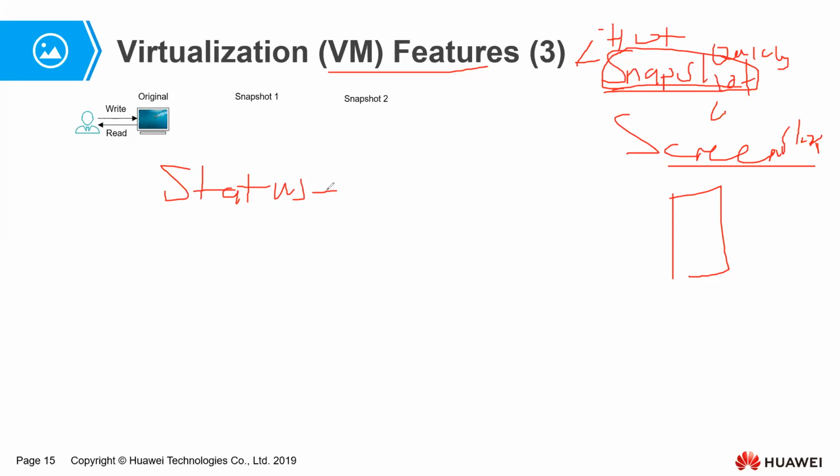So it takes a record of the VM status at that particular time, and it also contains complete data for the virtual machine. So you can use snapshots to restore a virtual machine to the state at a specific time when that snapshot was created.